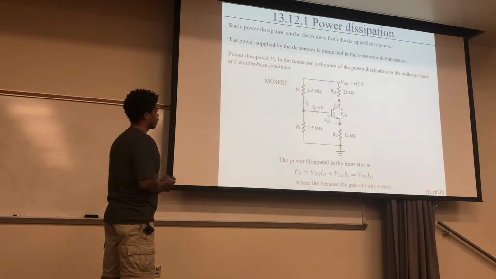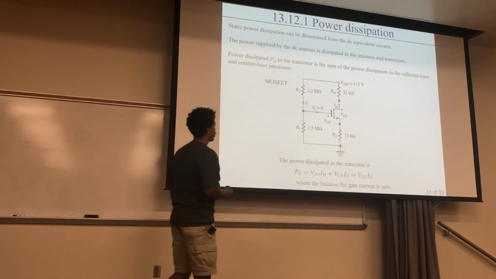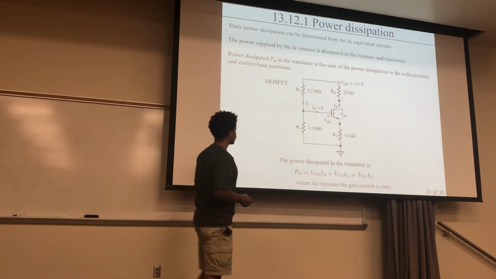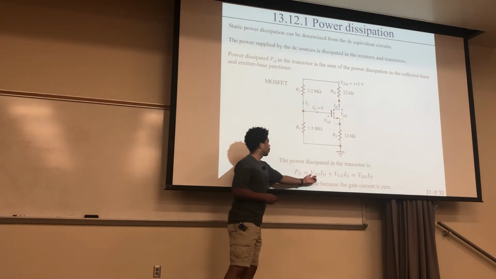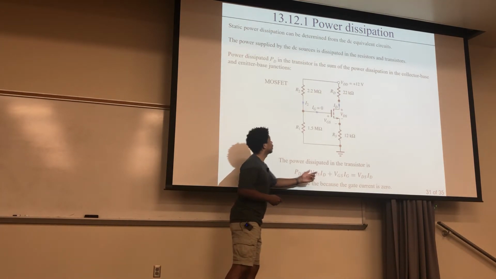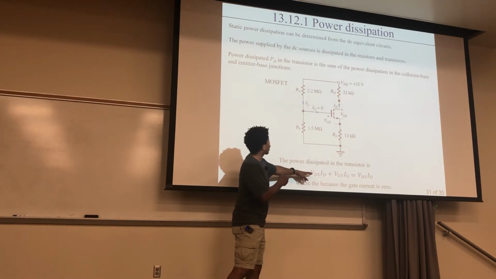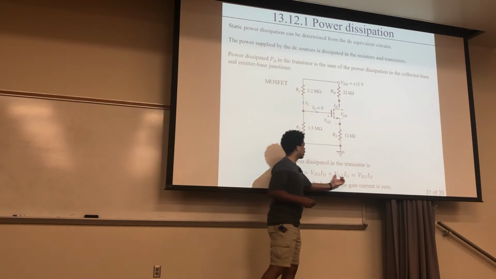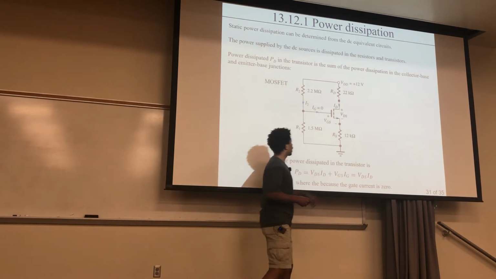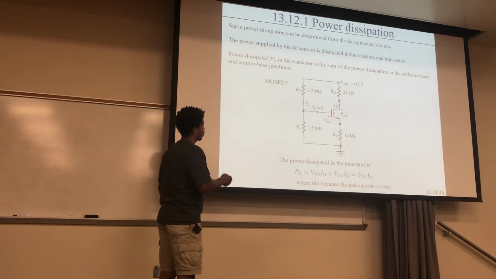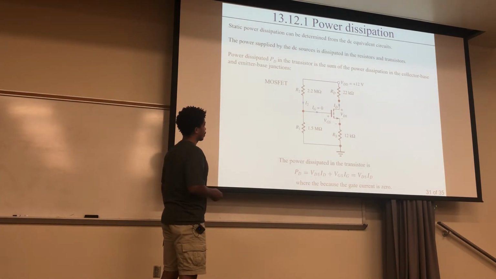Now for the MOSFET, it's very similar. The power being dissipated through the transistor right here is your VDS times ID. So here's your ID, and the VDS is across here. Also, you're adding to that your VGS and your IG, this IG coming through here.